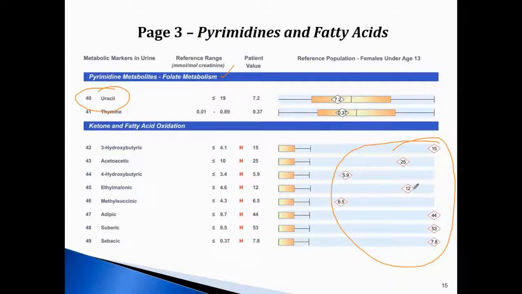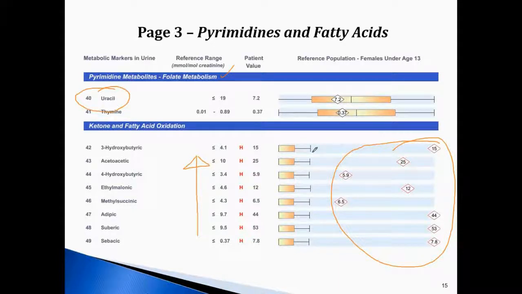One of the things that can cause these markers to be high is in people who are using a lot of oil. So coconut oil, olive oil, MCT oil, they're using it in their diet or they're cooking with it. It can cause these markers to show up elevated. It doesn't mean that there's a disease problem. It just means that at the cellular level, there's a bit of a struggle for the cells to try to keep up with the metabolism of fat.